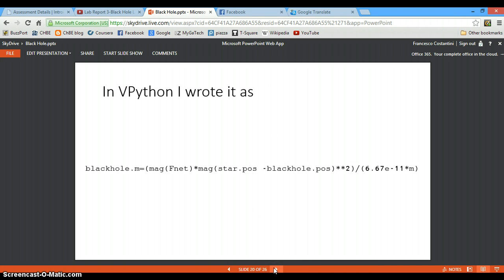Magnitude of Fnet, magnitude of r squared, the constant G, which is 6.67 times 10 to the negative 11, and the mass of the star, which is m in the code. Then the program is run.